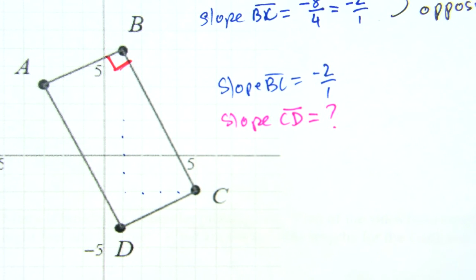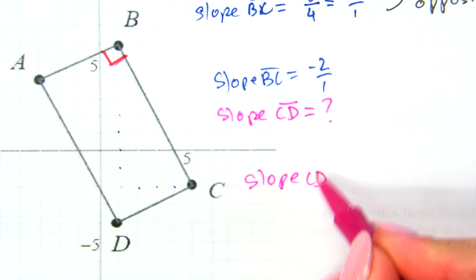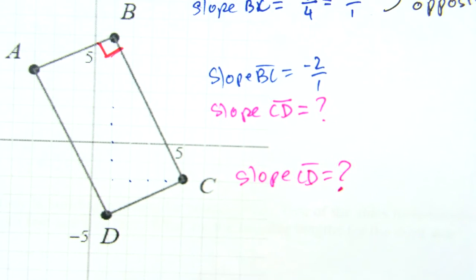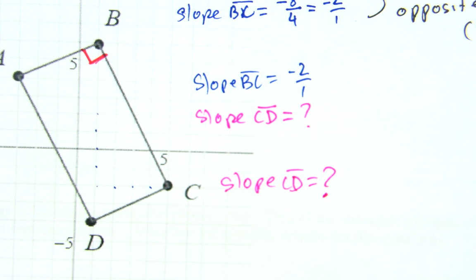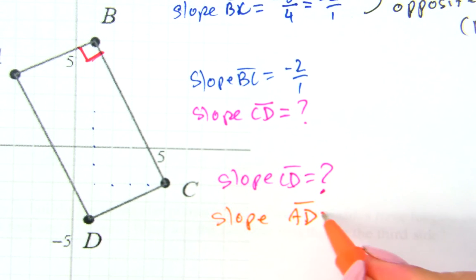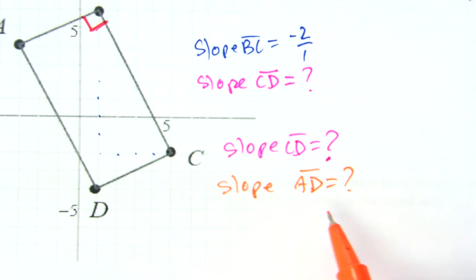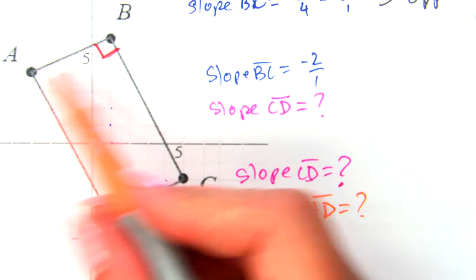And then you need to find the slope of CD, and compare it with the slope of AD. What is that going to be equal to? And then once you get the slope of AD, compare it with the slope of AB.